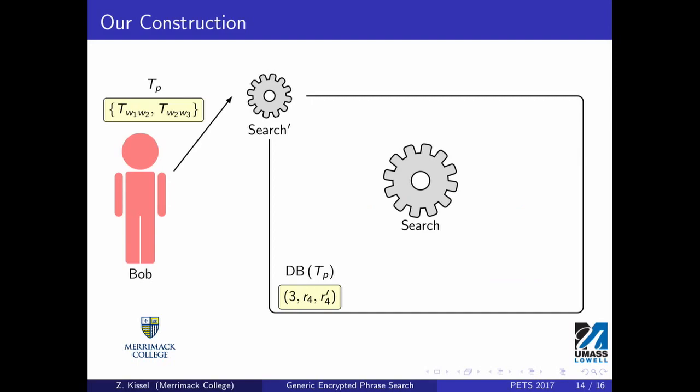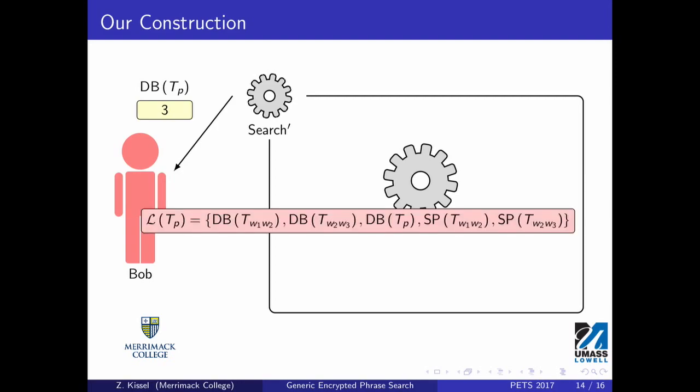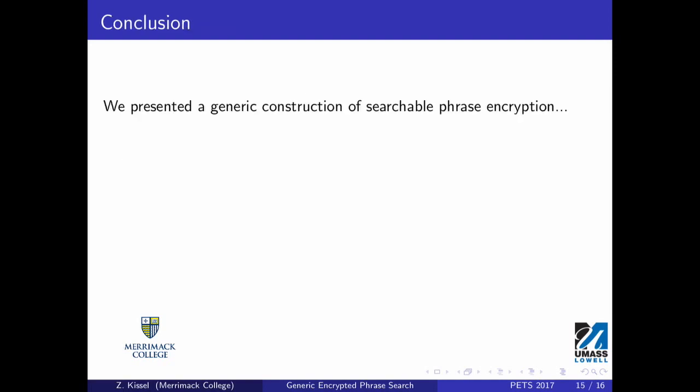So now we have our result of 3, which gets forwarded to Bob, and Bob can forward to Alice. The leakage here is a lot different. It's a lot higher. For example, it contains the leakage of both the subphrases, the leakage due to the documents returned, the search patterns of the two subphrases, and also all the location information, the obfuscated location information.